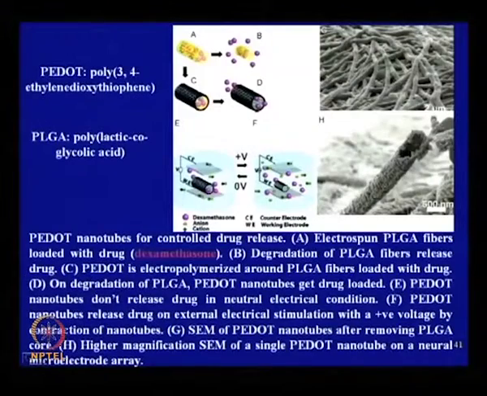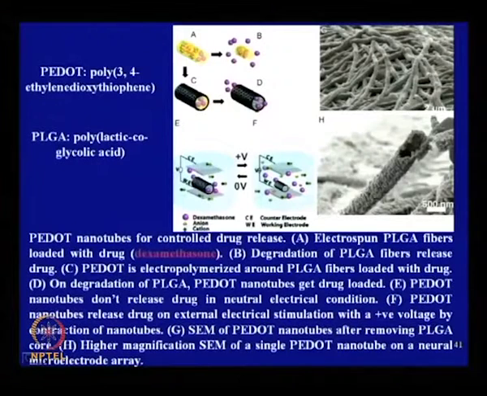Now, here is a polymer, poly 3,4 ethylene dioxythiophene. This is a famous conducting polymer, poly 3,4 ethylene dioxythiophene, that means a thiophene derivative conducting polymer.